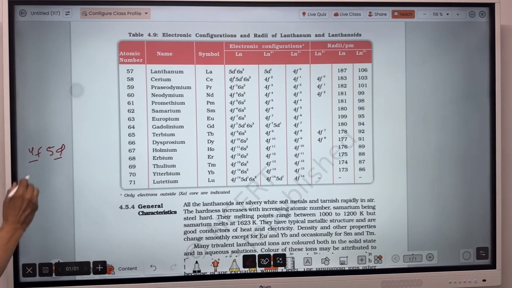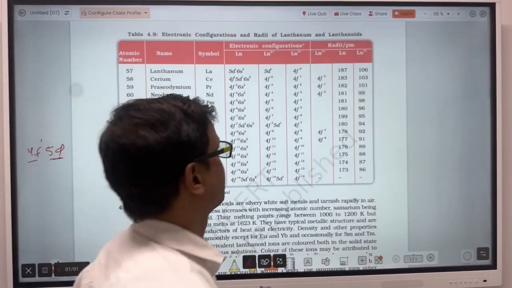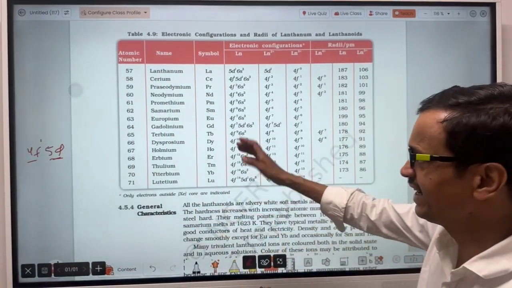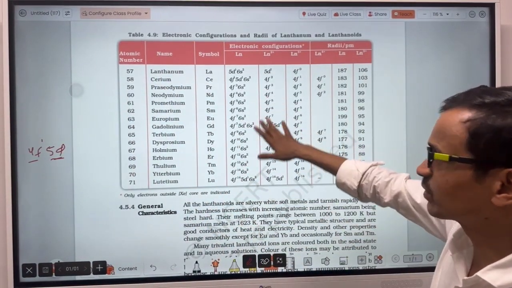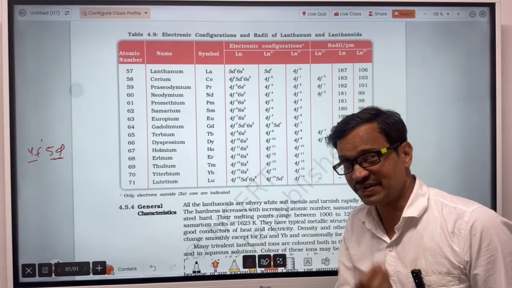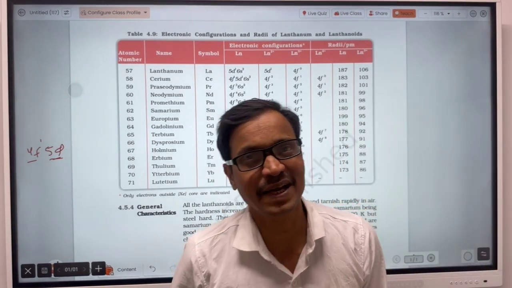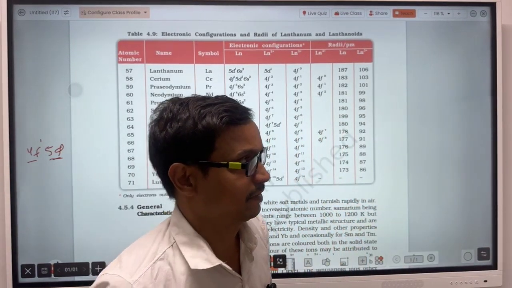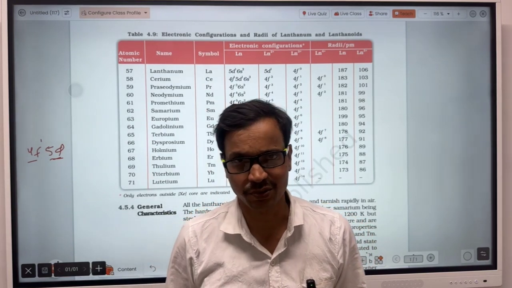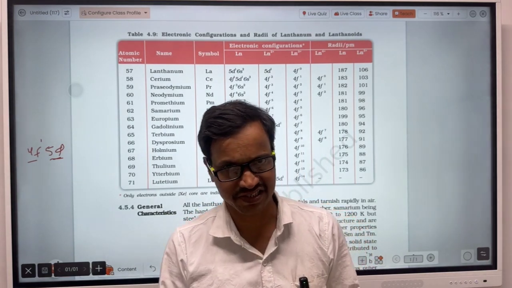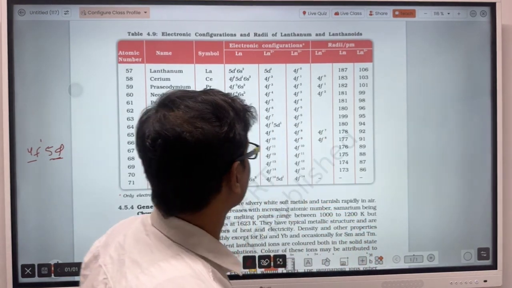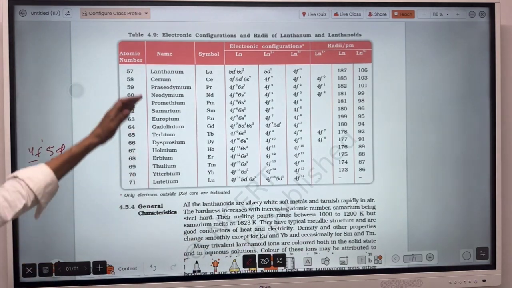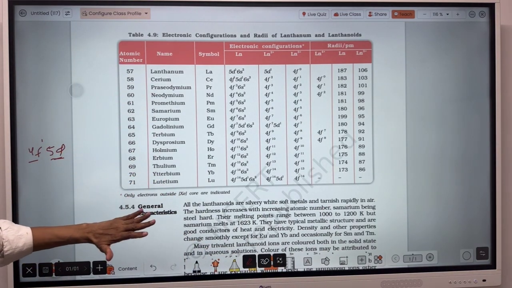That's why sometimes the electron enters 4f and sometimes 5d. Even so, in examinations, particularly the IIT Main examination and the 12th board examination, questions about the electronic configuration of a particular lanthanoid have been asked.